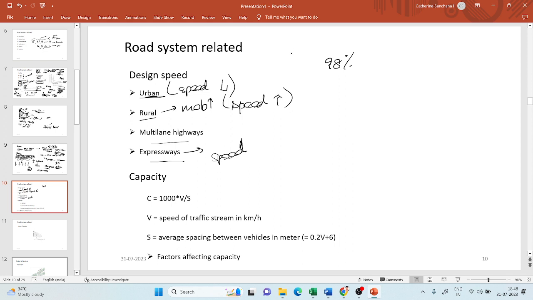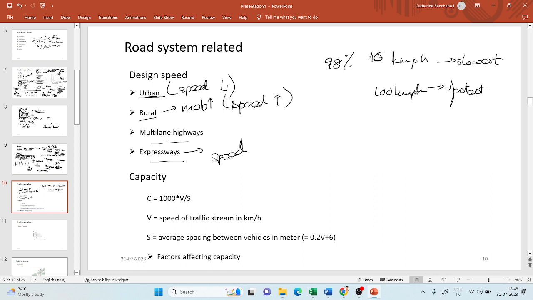This heterogeneous, mixed traffic can have speeds ranging from very low to very high. Say the speed of a bicycle is 10 kilometers per hour, for example. This is the slowest vehicle, and the fastest vehicle traversing the road may be at 100 kilometers per hour.